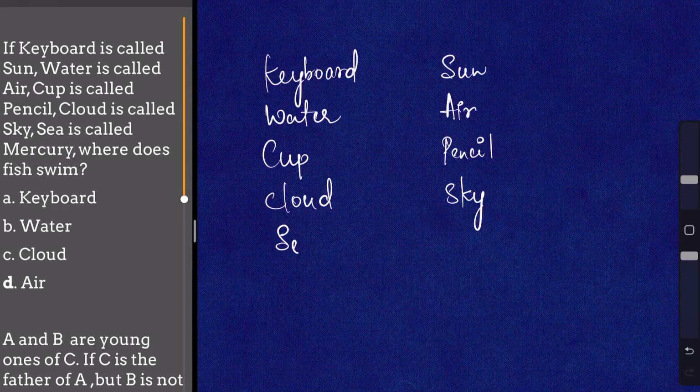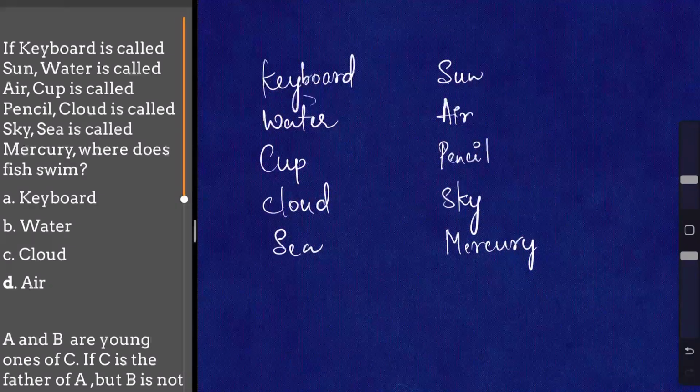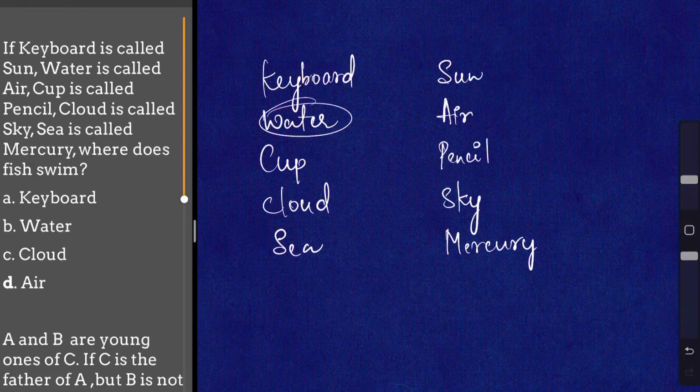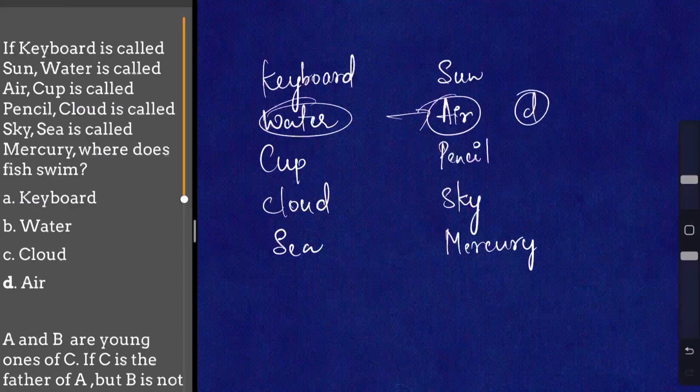Then sea is called mercury. Then what else do we have? Where does the fish swim? That's very simple. The fish can only swim in water. In this case, water is referred to as air or coded as air. So straight away, we can select option D, which is air.